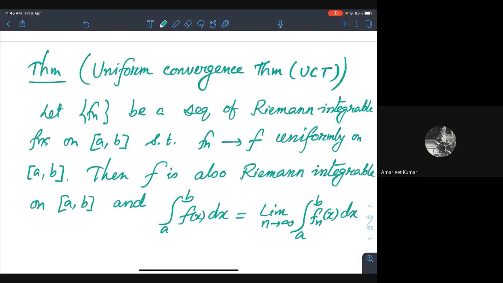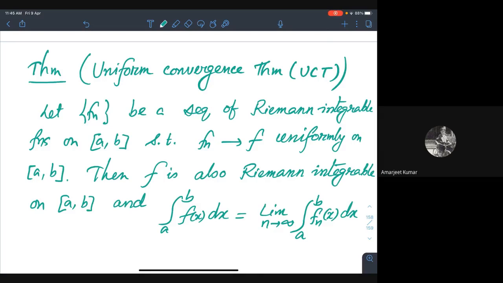All right, is the statement clear? We just need uniform convergence. Then the limit will become Riemann integrable provided the sequence is Riemann integrable, and to evaluate the integral, there is also a limit, interchanging limit and integration.